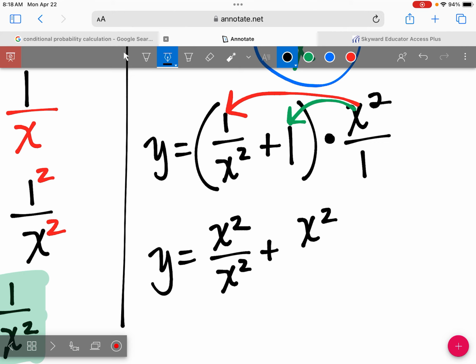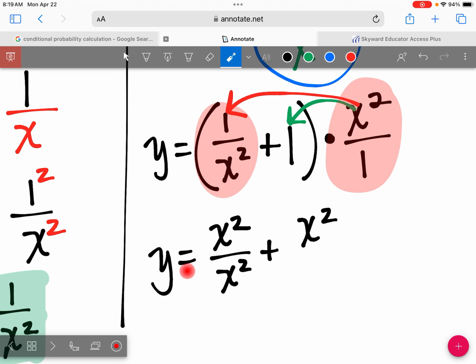So let me review that again just to make sure we all got that. So I'm taking this fraction and I'm multiplying it by this first. And when you multiply fractions, you just multiply numerator times numerator and denominator times denominator. So I'm multiplying 1 times x squared, which gives me x squared, over x squared times 1, which is still x squared.